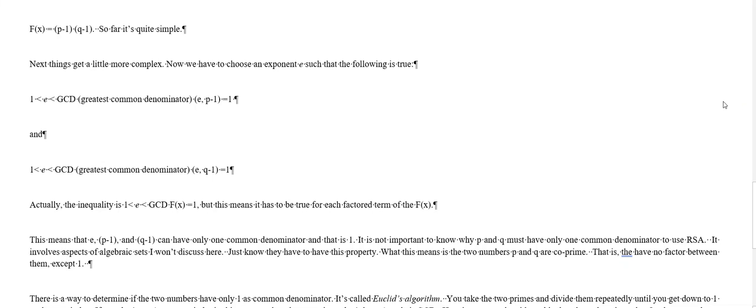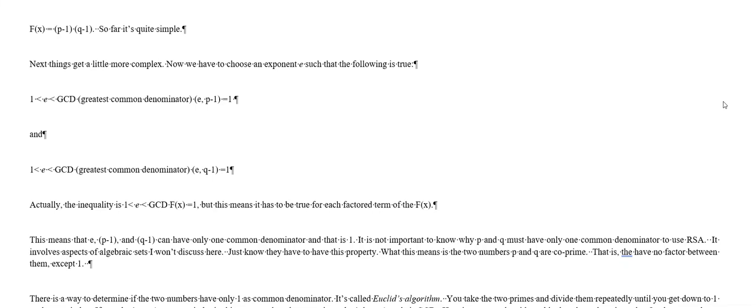So to go on, actually the inequality is 1 less than e less than the GCD of the function f of x equal 1. But this means it has to be true for each factored term of f of x. This means that e, p minus 1, and q minus 1 have to have only one common divisor, and that is 1.